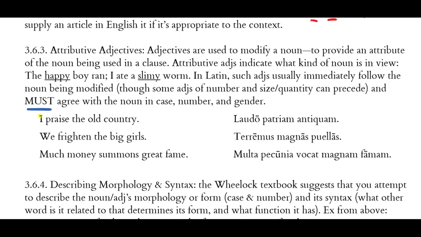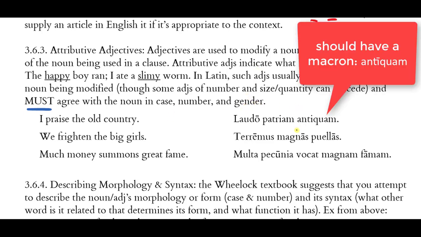So, I've got three examples here. I praise the old country. Laudo patriam antiquam. Notice here that "I praise" is going to take a direct object. This direct object is patriam, and the adjective that modifies patriam is going to agree with it in case, gender, number.